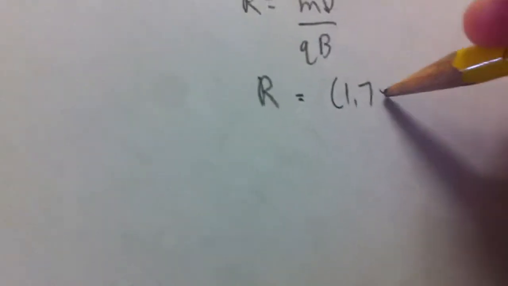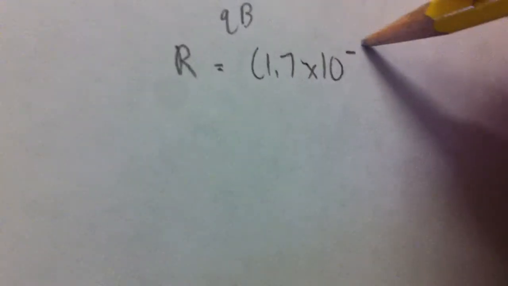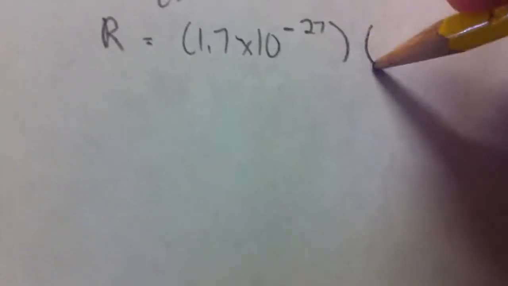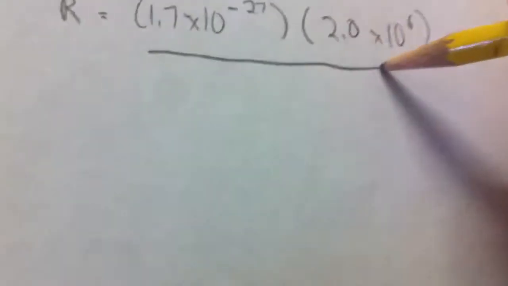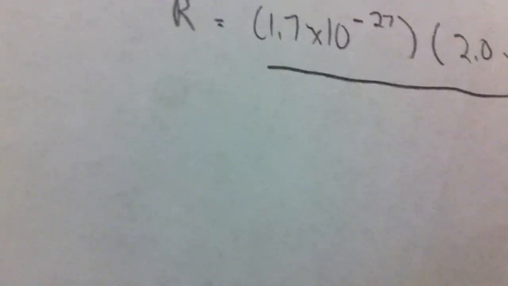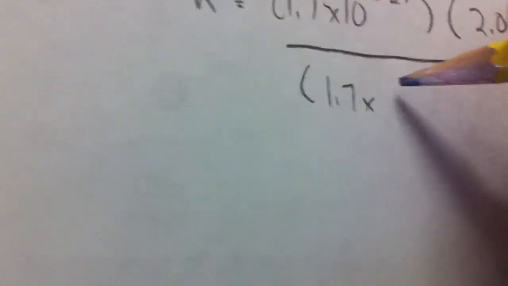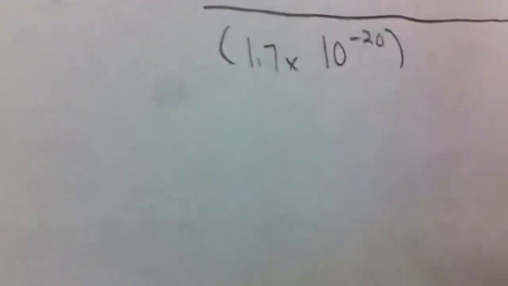We have a mass of 1.7 times 10 to the negative 27, a velocity of 2.0 times 10 to the 6th, and that is going to be all over the charge, which is 1.7 times 10 to the negative 20, times the magnitude of the magnetic field, which is 7.0 times 10 to the negative 5th.